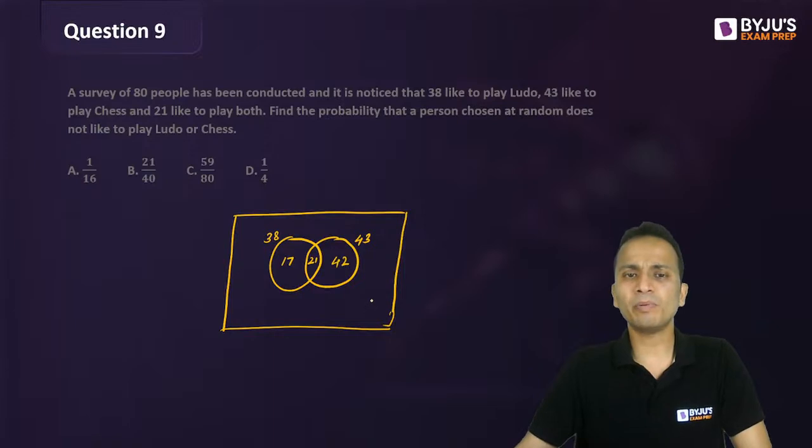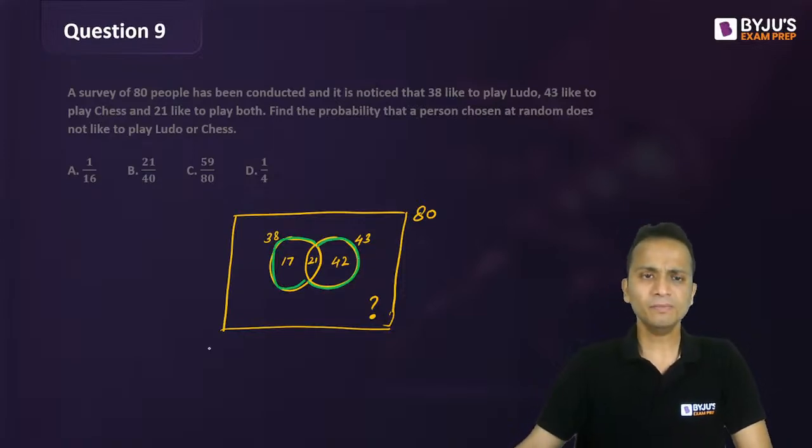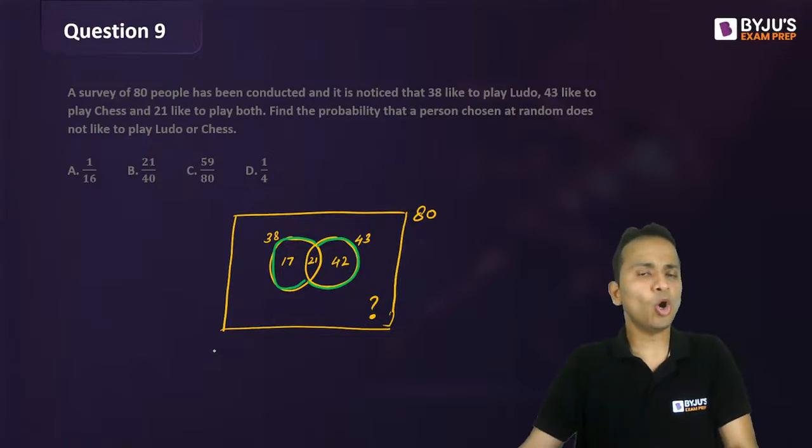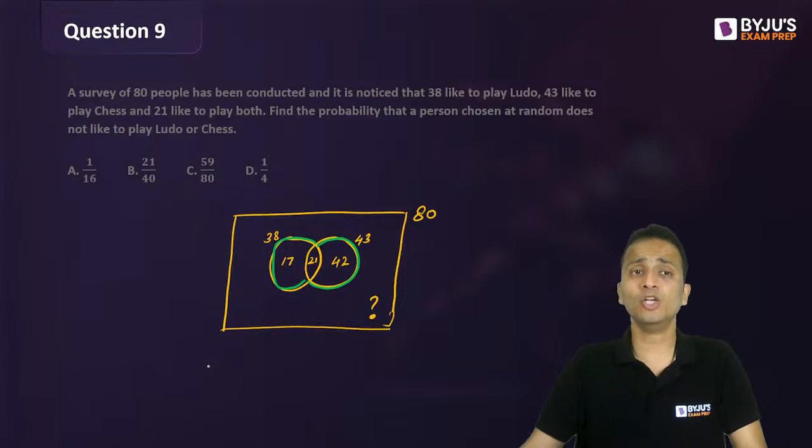Now I'm asked the probability of this area, the outer portion, out of 80 people. So people who play Ludo or chess will be 60. So people who do not play Ludo or chess will be 80 minus 60, that is 20.